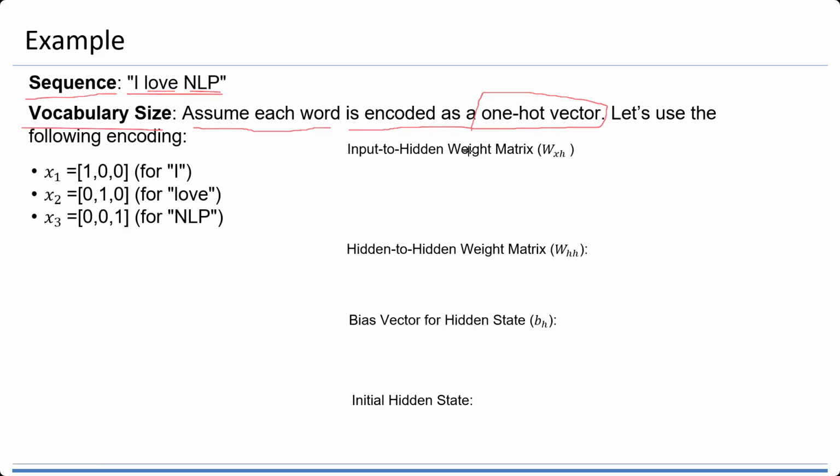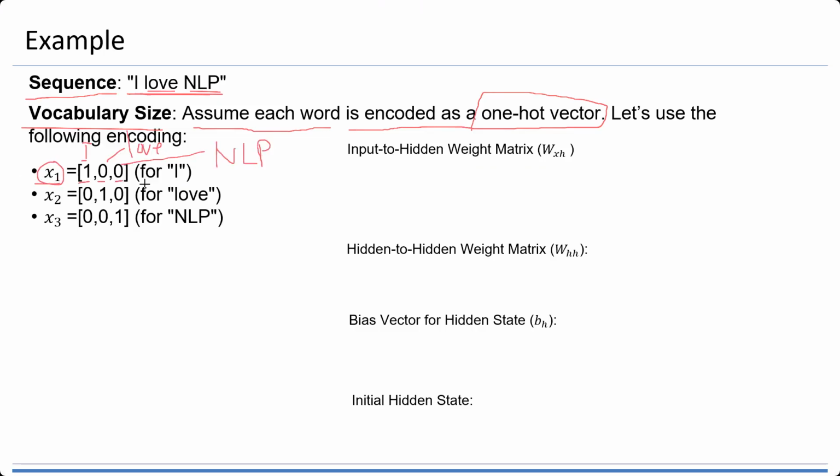Do you know this one? One-hot vector means if I have I love NLP, then I make the X1 as 1 0 0. This position is for the word I, this for the word love, and this for the word NLP.